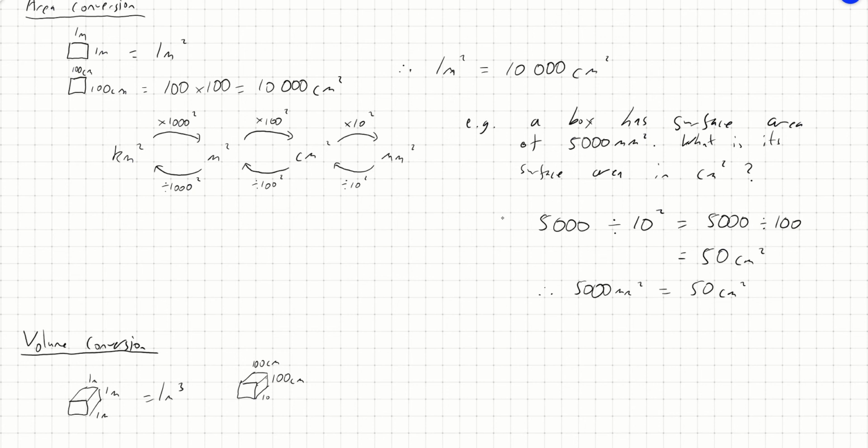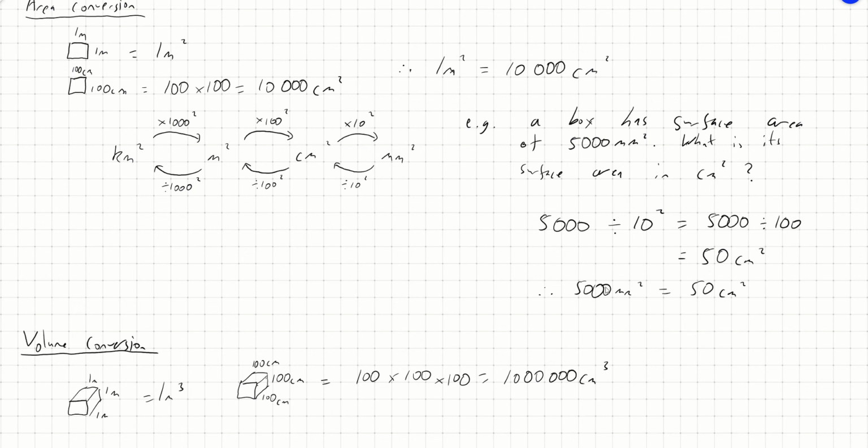And that length is also 100 centimeters. So 1 meter cubed is equal to 100 times 100 times 100, which equals 1 million centimeters cubed. 1 million is 100 cubed.